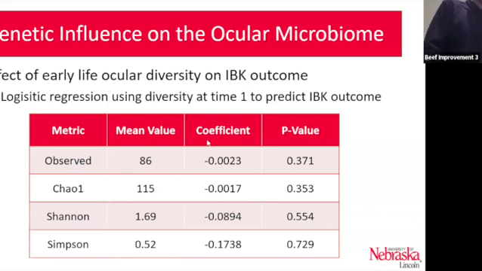And 3, my goodness, the other year had a much better split, about 50-50. When I looked at that year specifically, these p-values were much closer to significance, like 0.1. So when we have enough information, and when we're looking at a single year at a time, we start to see that the more diverse the ocular microbiome, the less likely that animal is to get pink eye. That's kind of what we see in the general trend here.